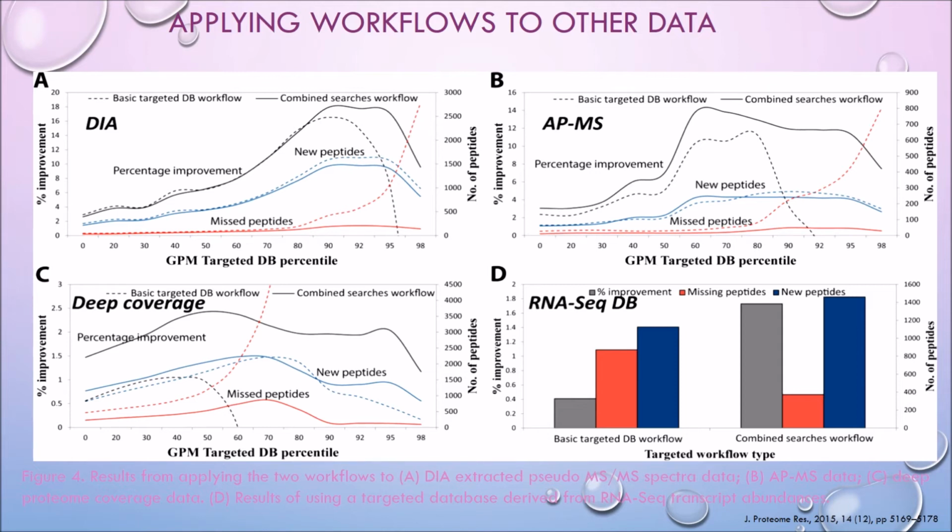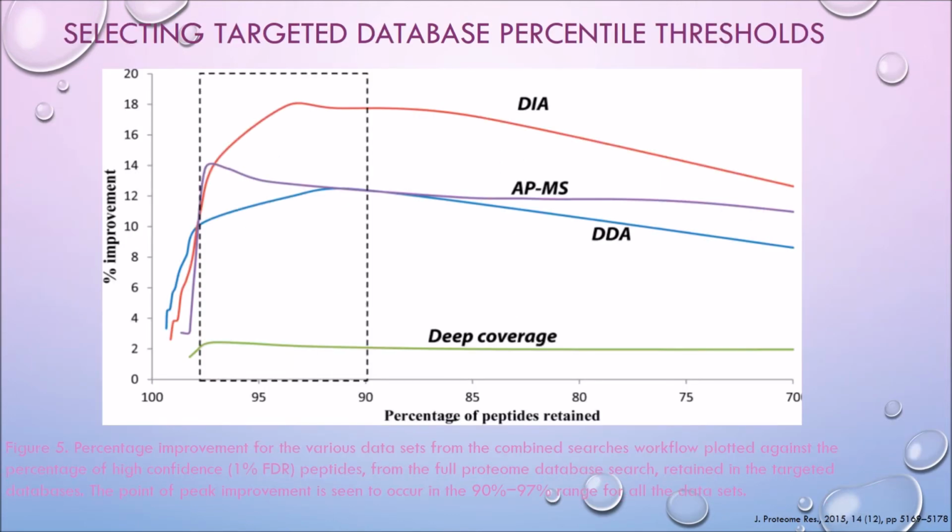So, at the moment of selecting the targeted database percentile threshold or limit, they found that the highest improvement percentage is between the 90 and 97 percentile, 97 percentile database for all the different data sets.